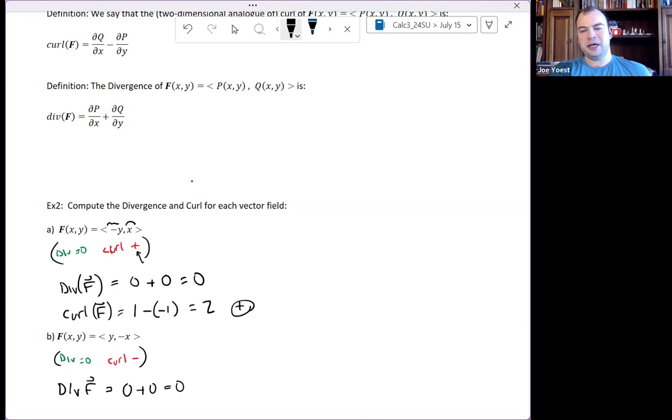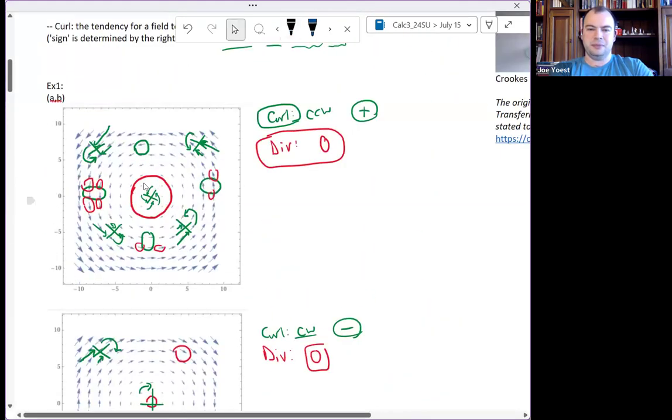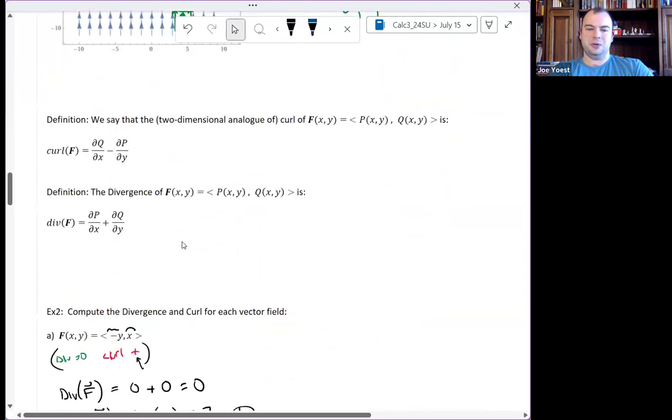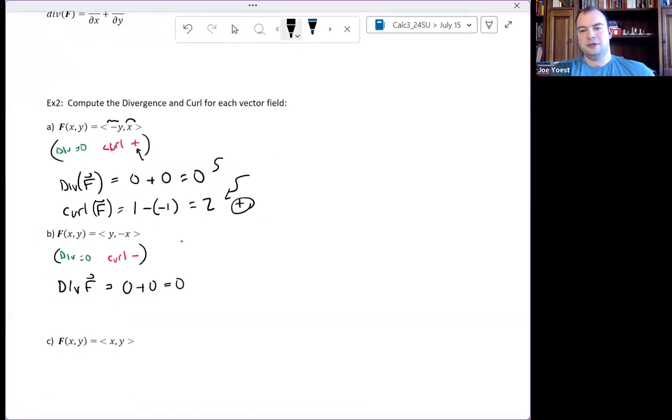Now, something to keep in mind, again, is that the curl is a pointwise property. It's not a property of the whole vector field. But I happen to choose vector fields here where across the entire vector field, the divergence is 0 and the curl is 2. So for any point you pick, we get a divergence of 0 and a curl of 2 for that vector field.